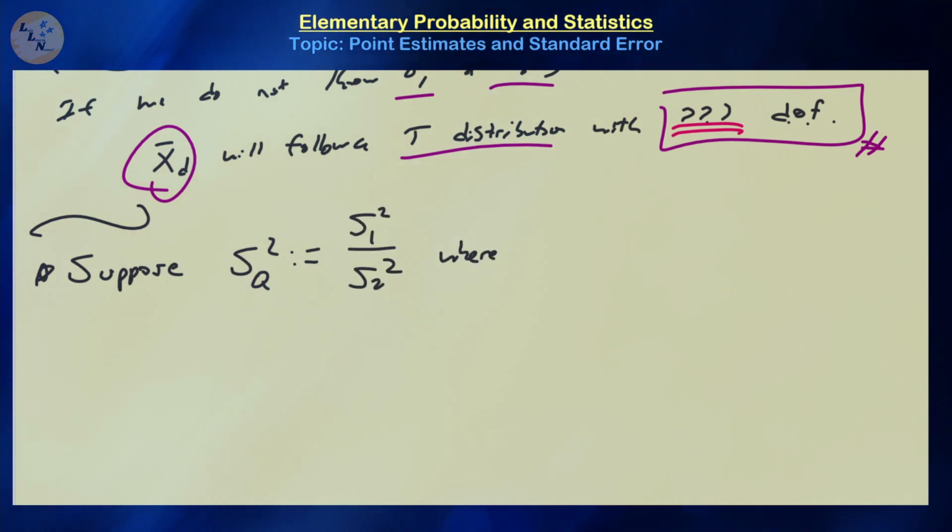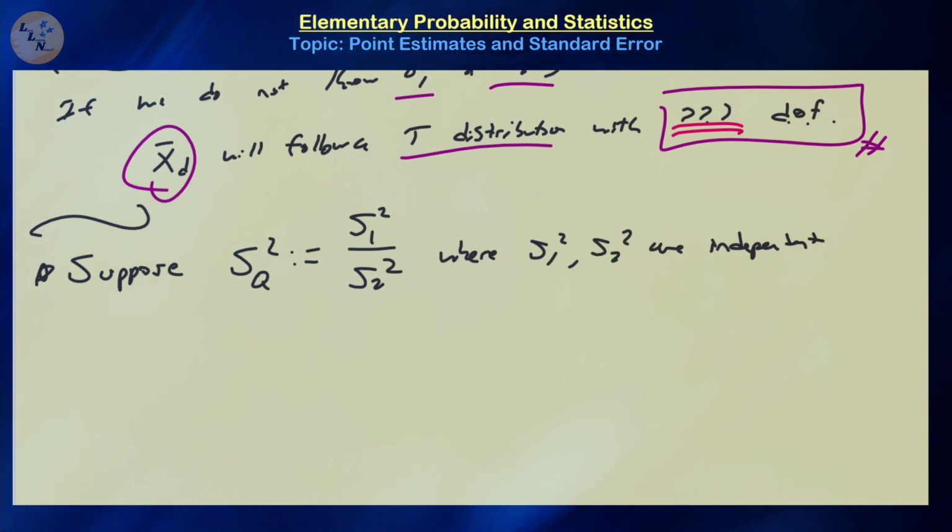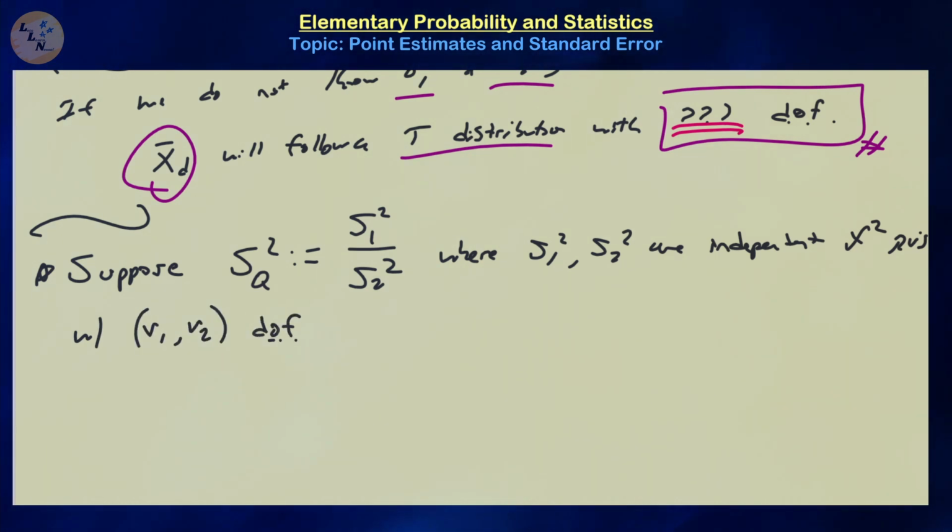So this S1 squared and S2 squared are independent chi-square random variables. Let's assume with v1, v2 degrees of freedom. So v1 is the sample size of sample 1 minus 1, and v2 is the sample size 2 minus 1.